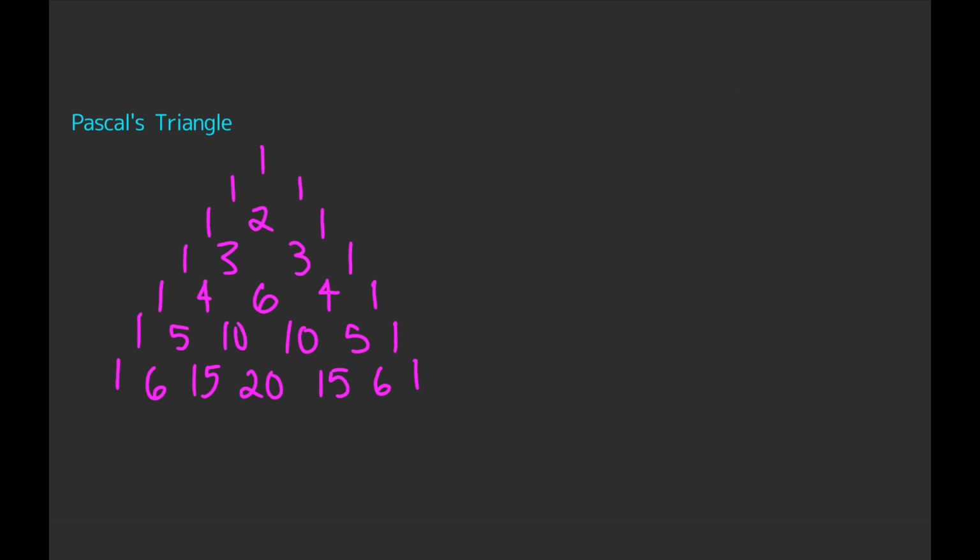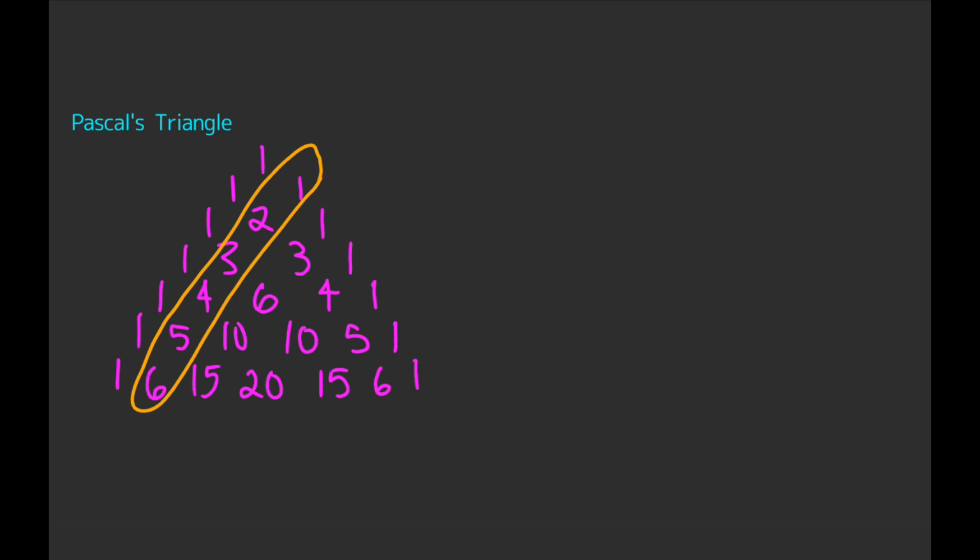So now that we have drawn our beautiful Pascal's triangle, let's analyze it. First we have to define our rows in Pascal's triangle. The way we figure out which number row we're looking at is using these numbers right here. These numbers will tell you the row.